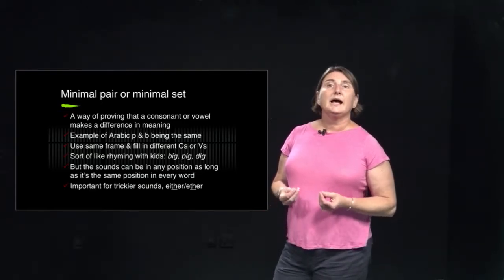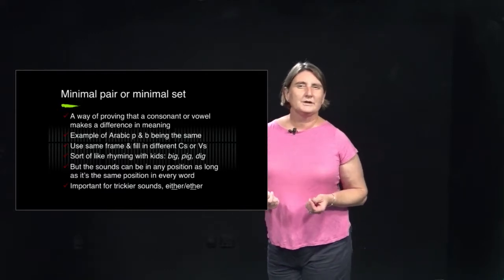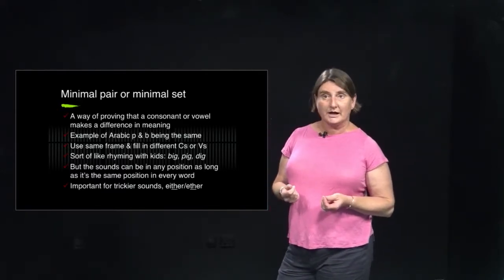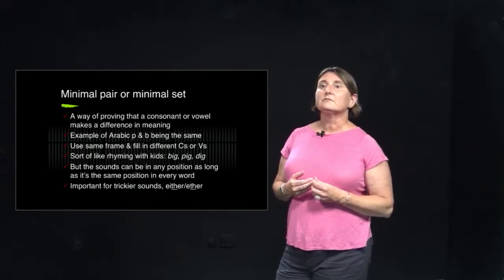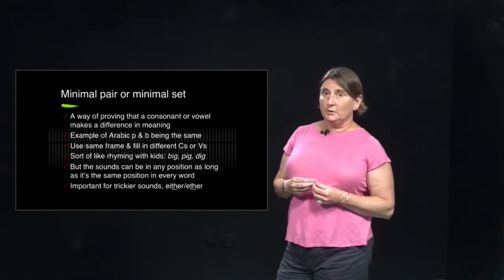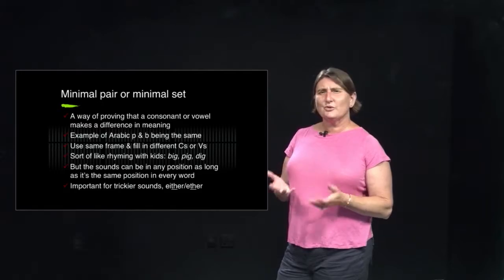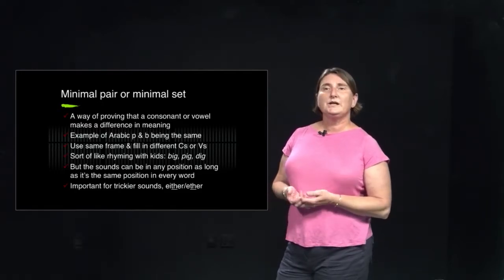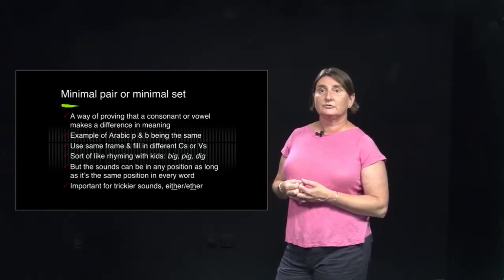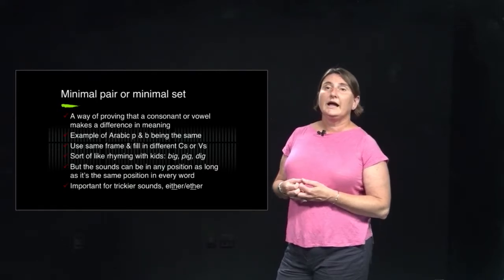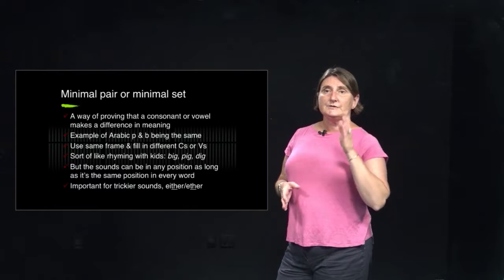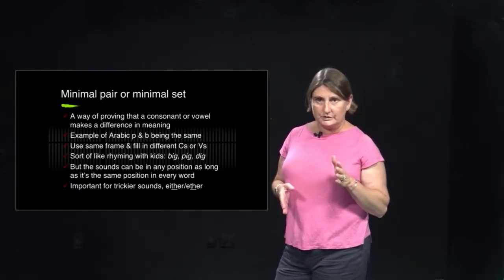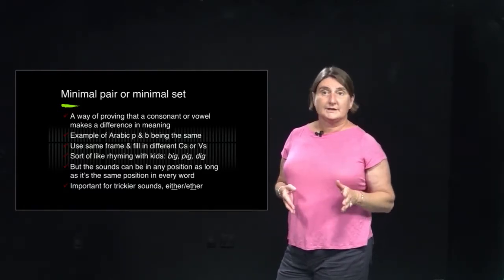difference in meaning. And it's using minimal pairs that we want to try to illustrate which sounds make a difference in meaning. So when we create the minimal pairs, we're going to have sort of like a rhyme. It will be a sequence of sounds, and you're going to make the pairs or the sets, you'll just vary one sound in the same position.